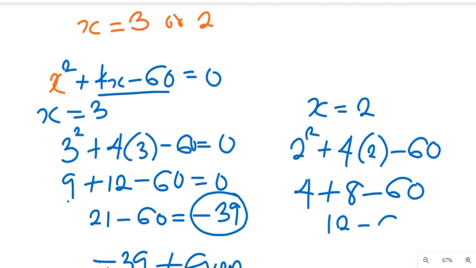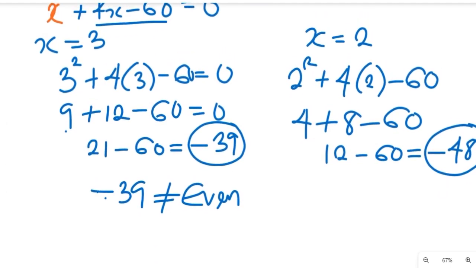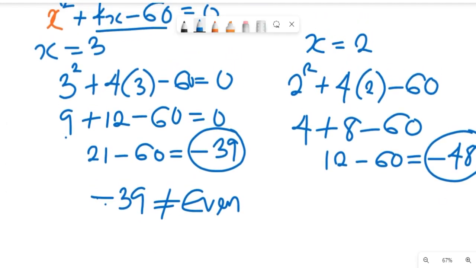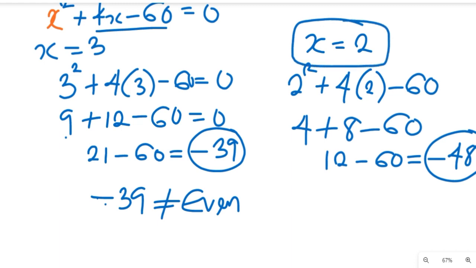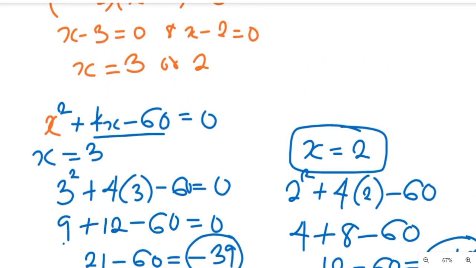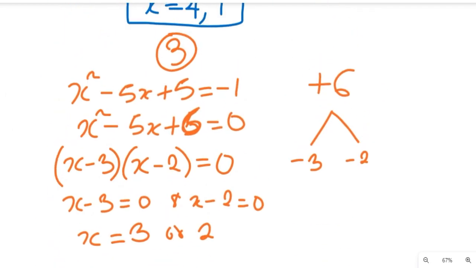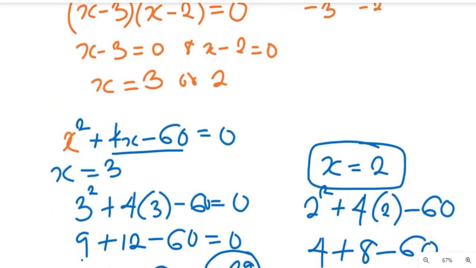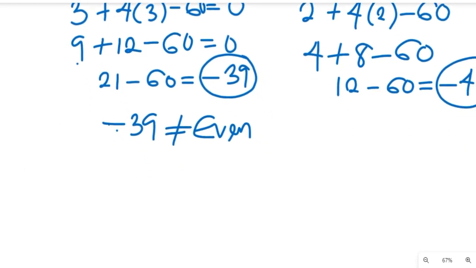So 12 minus 60 will give us a negative 48. So we see negative 48 is an even number. So that tells us that x equal to 2 satisfies that condition and is one of the solutions that satisfy that quadratic exponential equation. So we've gotten all our values for x.